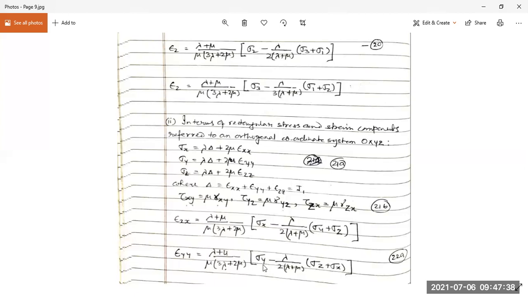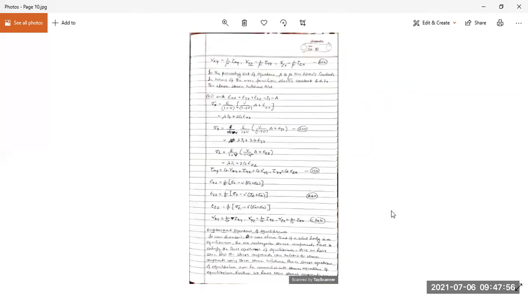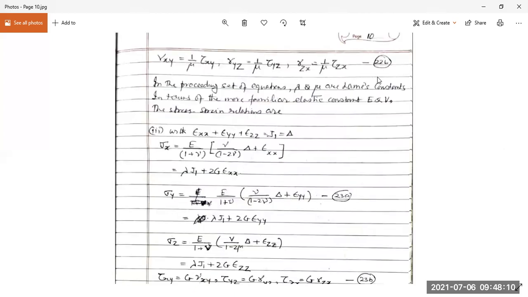So this will be equal to sigma 1 minus sigma 2 minus sigma 3, and sigma 2 plus sigma x itself. And we also got the gamma xy. Gamma xy, we can convert it to 1 by G into tau xy, gamma yz, 1 by G into tau yz, and so on.